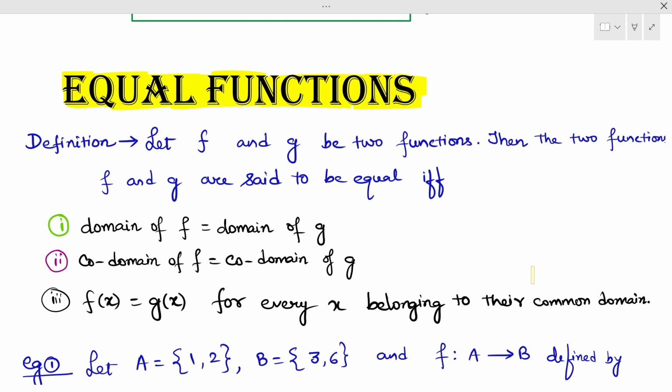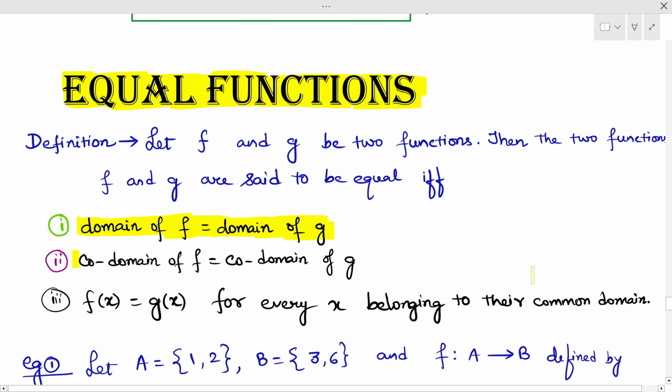So see the definition, let f and g be two functions, right? Then the two functions f and g are said to be equal if they satisfy the three conditions. Now what are the three conditions? The first condition is that the domain of the function f must be equal to the domain of the function g, right?